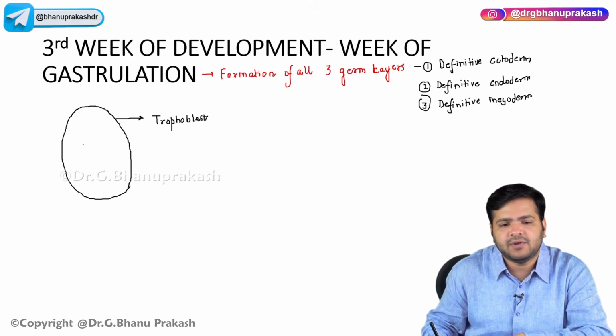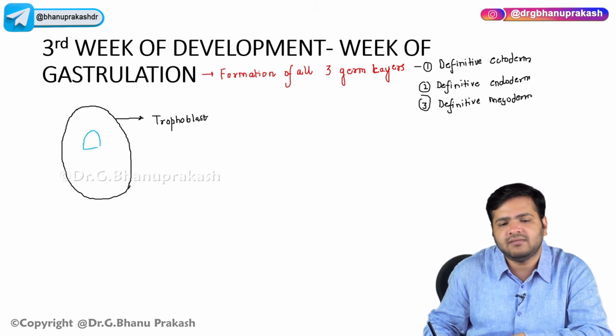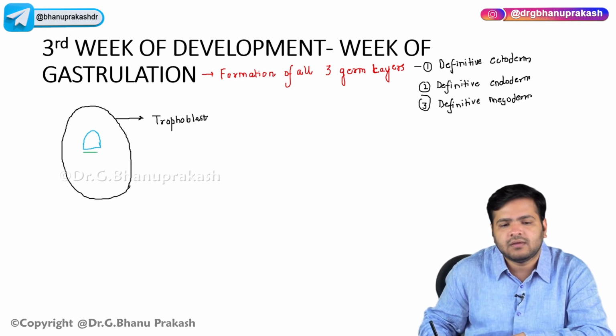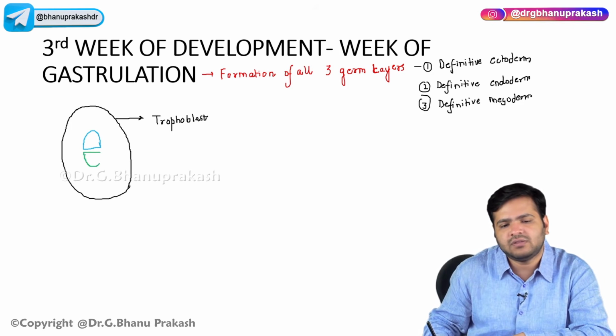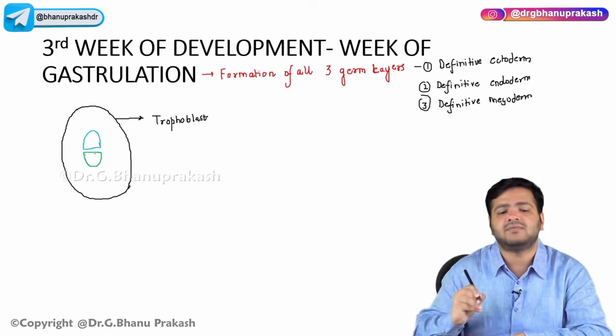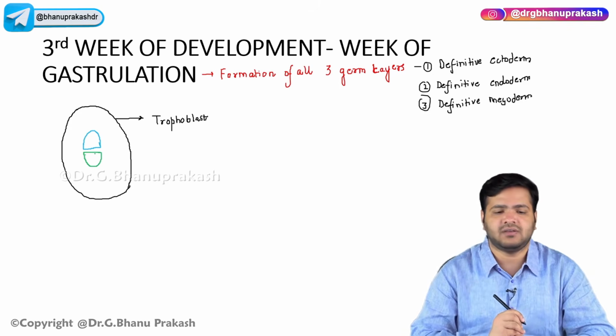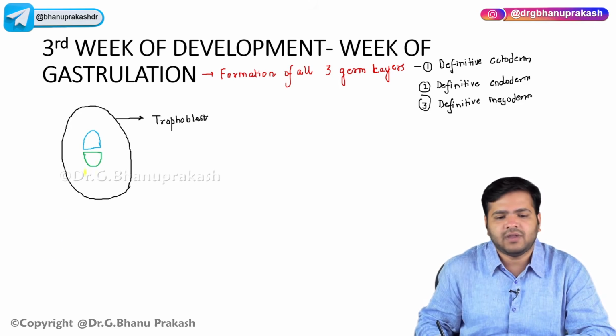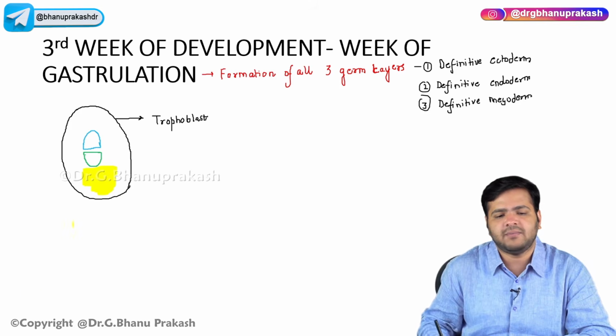yes, we have the amniotic cavity along with the epiblast and the amniogenic cells, right, and we also have the hypoblastic cells along with the Heuser's membrane and the secondary yolk sac, right. So, all around we have the extra embryonic mesoderm.